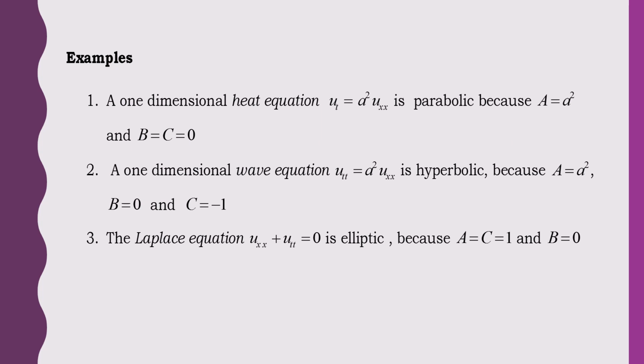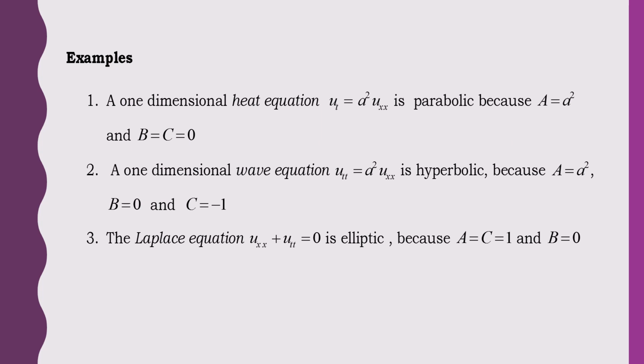Since b square minus 4ac equals 0, this one-dimensional heat equation is a prototypical example of a large class of equations called parabolic equations. So, a one-dimensional heat equation comes under the category of parabolic PDEs.